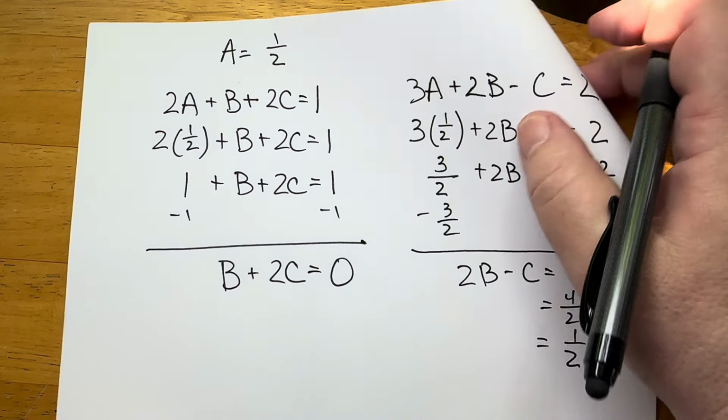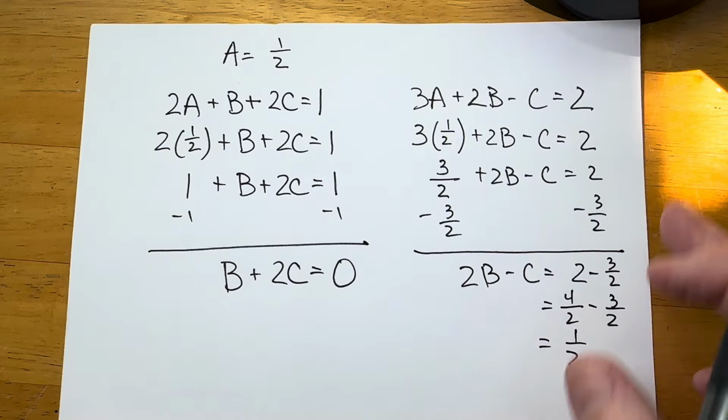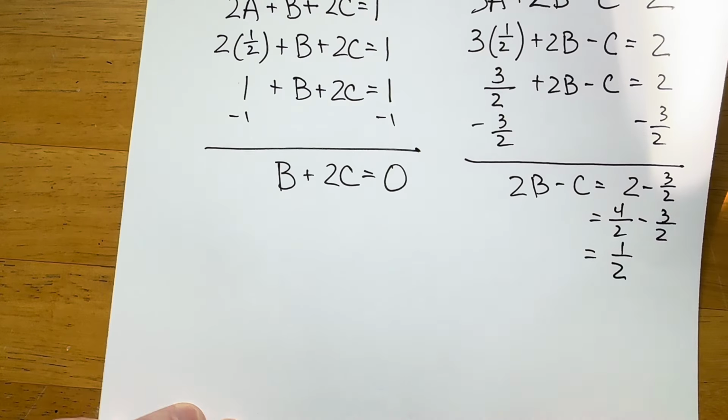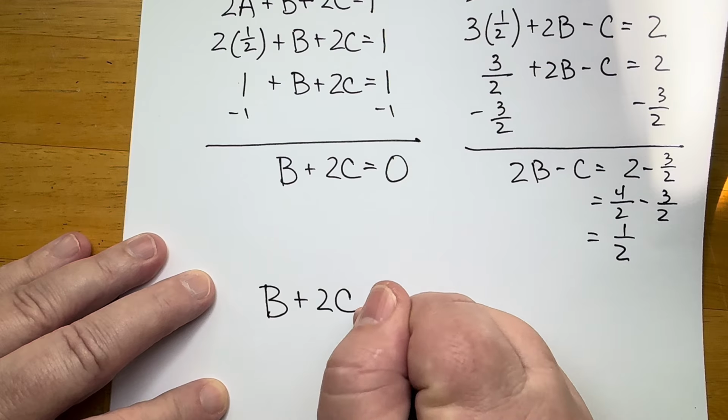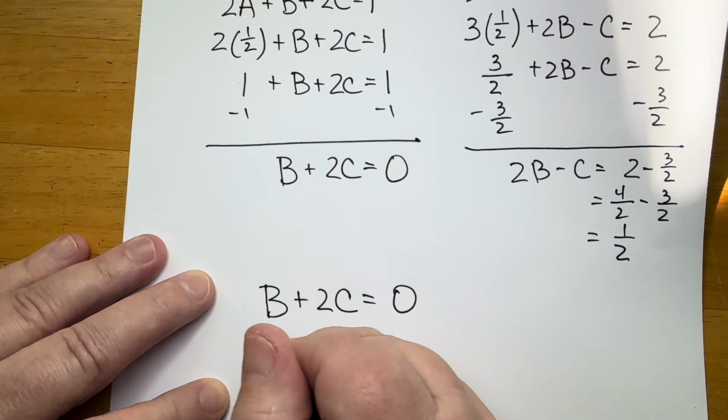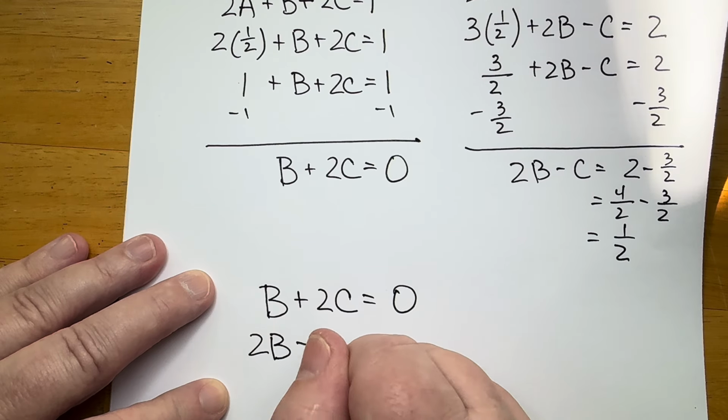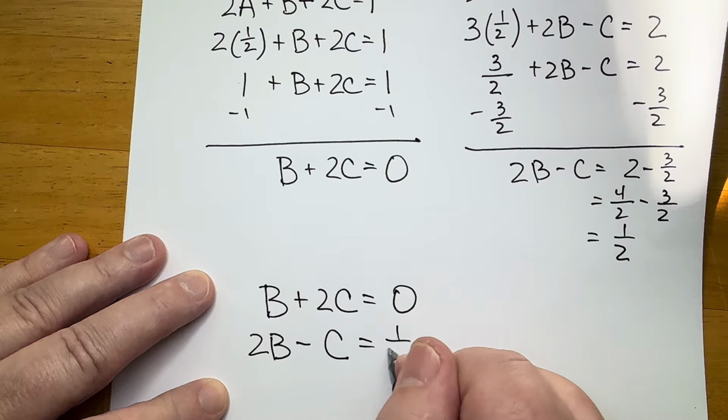So I now have, because I got A, reduced the system to one where I've got B plus 2C equals 0, and I've got 2B minus C equals 1/2.